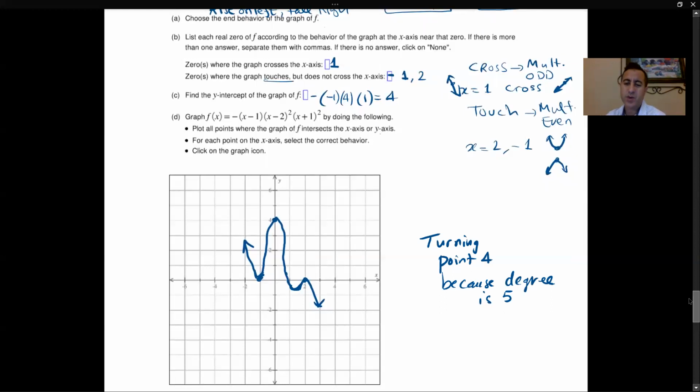So it's less by 1, which means 5 minus 1, and we got 4. So this is one turning point, that's a second one, that's a third one, that's a fourth one. It's supposed to touch here, it's touching, it's supposed to cross here, it's supposed to touch here. There is no other crossing other than that.